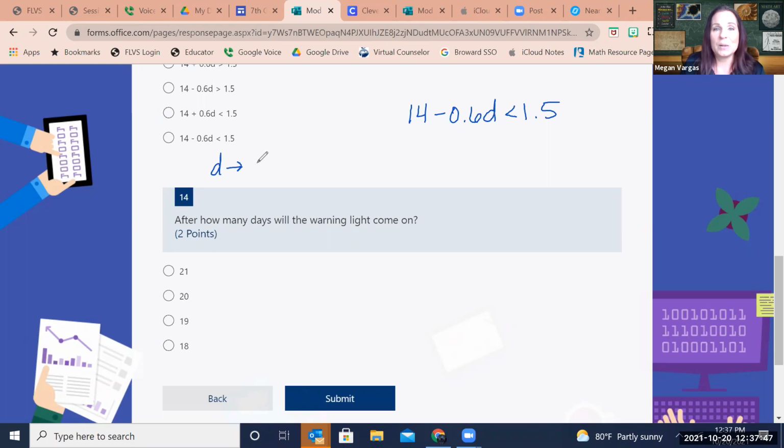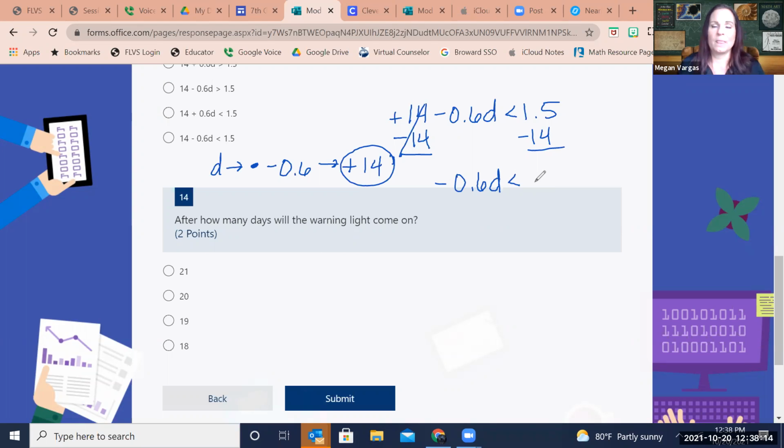That variable is being multiplied by a negative 0.6. Then we are adding 14, right? I know it doesn't look like it, but this is a positive 14, right? So we have to undo that first. So I'm going to subtract 14 from both sides. I get negative 0.6D. What is 1.5 minus 14?